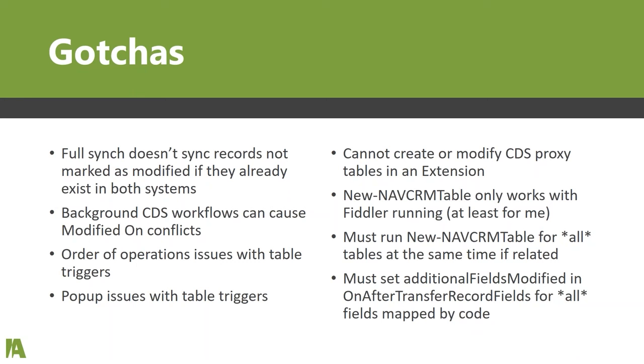But there is a lot of assumption in much of the code in the base nav tables that you are editing that record from a page. And the life cycle of a record in a page is not the same as the life cycle of a record in a web service or in this integration record.